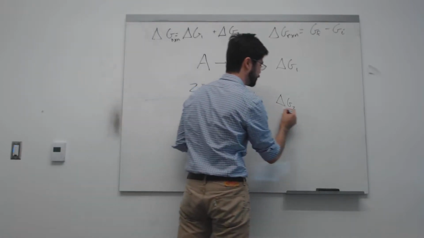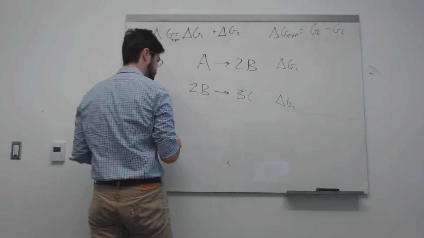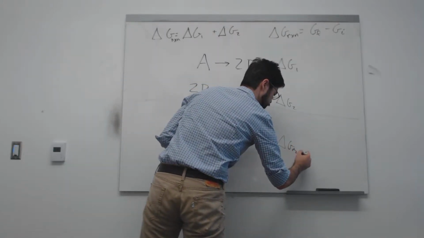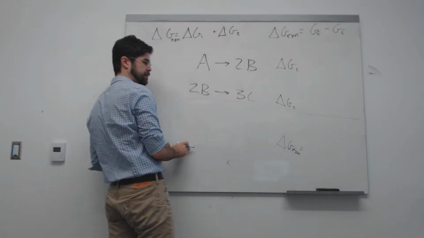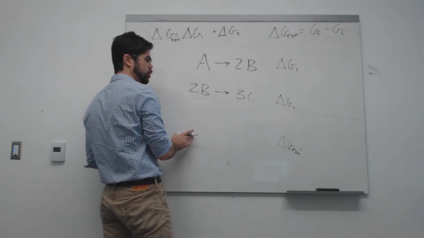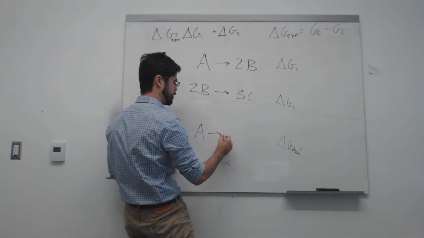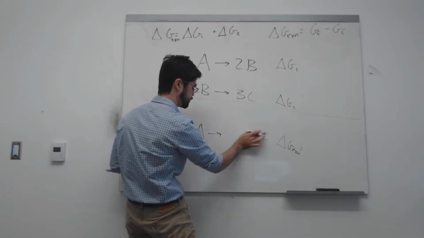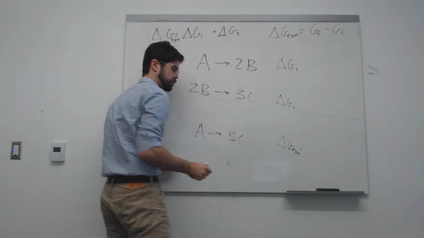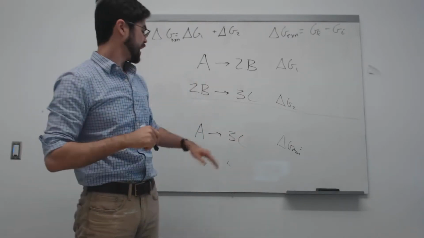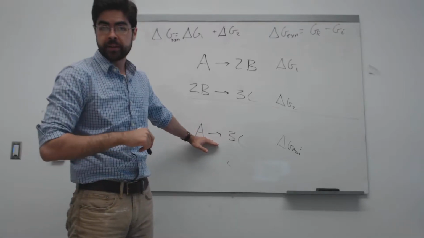Now, my question might be, what is the free energy change? A question that Hess's law can answer is, what is the free energy change of the reaction A converting into 3C? So I can create this reaction.